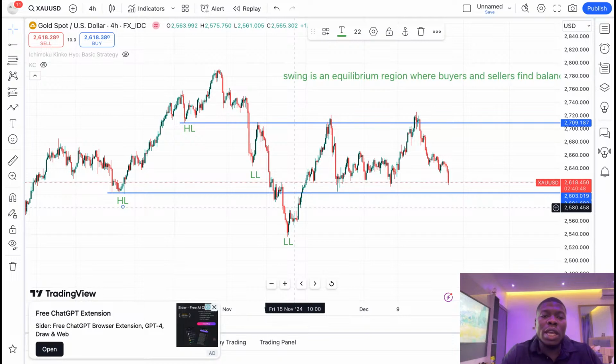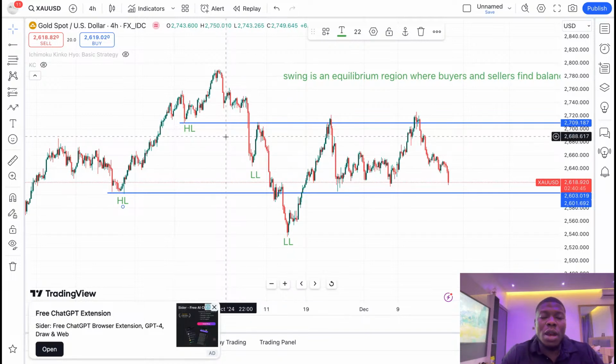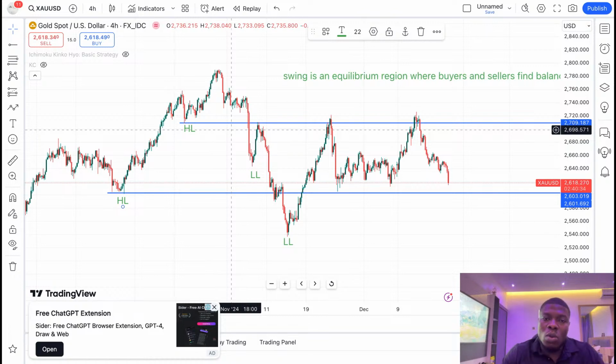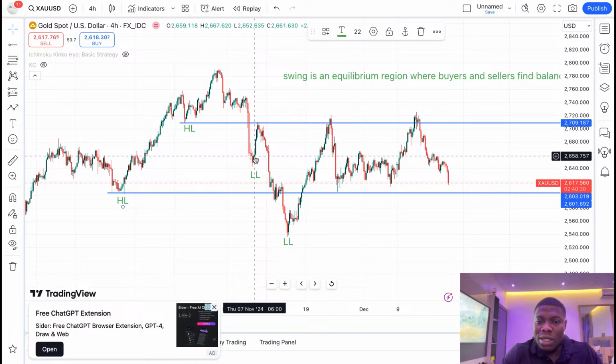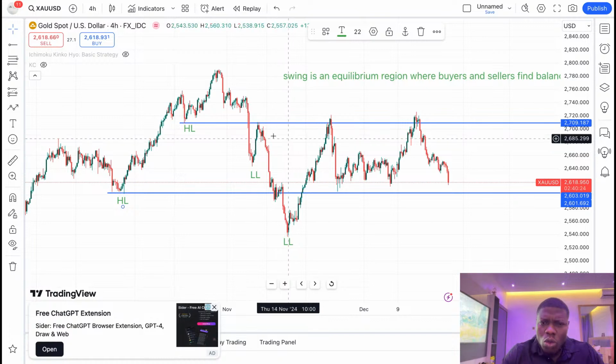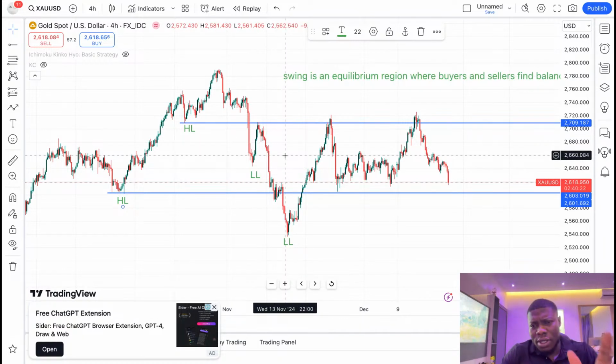On the one day, we are still to confirm our trend, but on the 4 hours, we're already confirming that our trend is a downtrend. Mind you, the trend on 4 hours is different from the one on the one day. So we can only trade with these 4 hours, and we won't extend any of our analysis to the one day. We only focus on these 4 hours since it's where we get our confirmation.